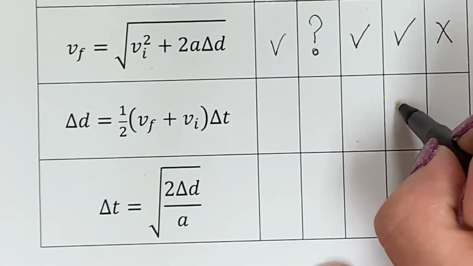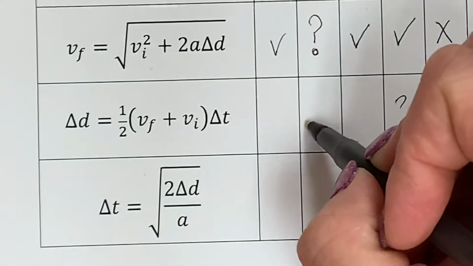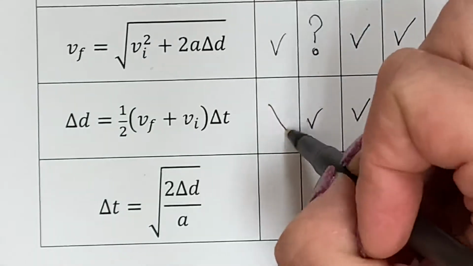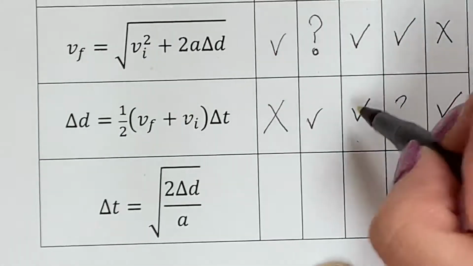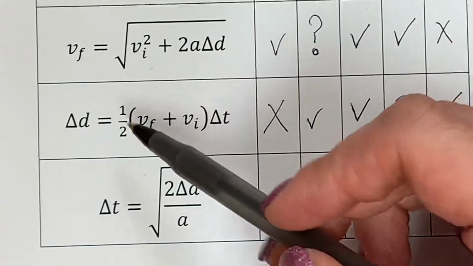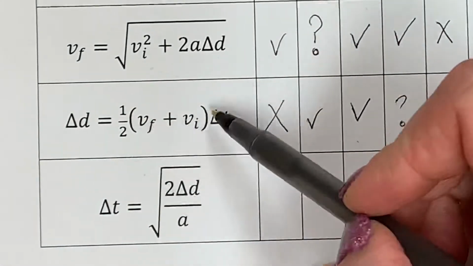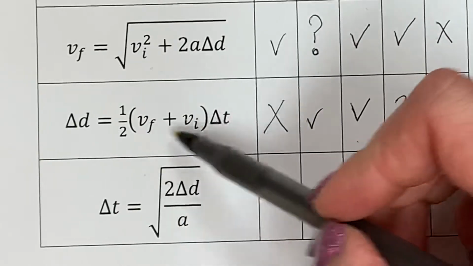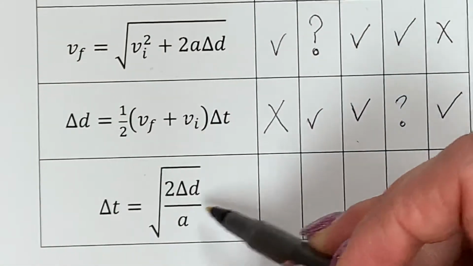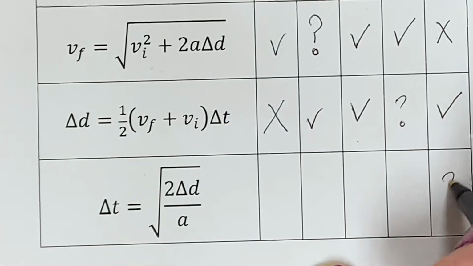Displacement, that's our question. If I have the final velocity, the initial velocity, and the time, and don't know the rate of acceleration, I can still figure out how far the object went, because even though it's accelerating, here we go, acceleration, final and initial velocity, the velocity is not constant. Okay? Change in time being the question.